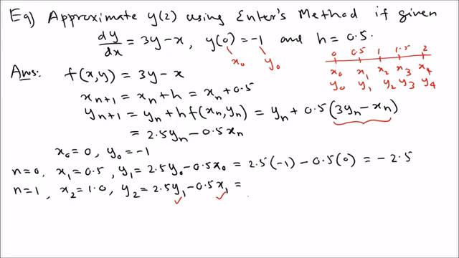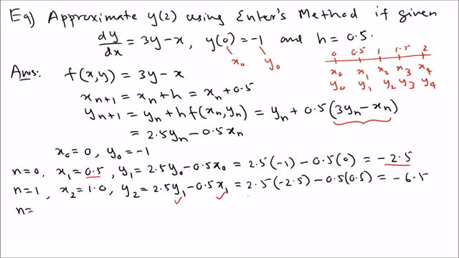It's always those two coming from the previous step. So you get 2.5 times y1, which is negative 2.5, minus 0.5 times x1, which is 0.5. If you use a calculator, you're going to get negative 6.5. Go to the next one.